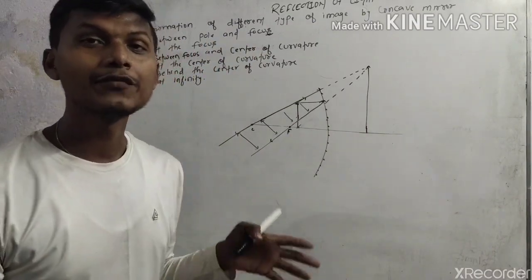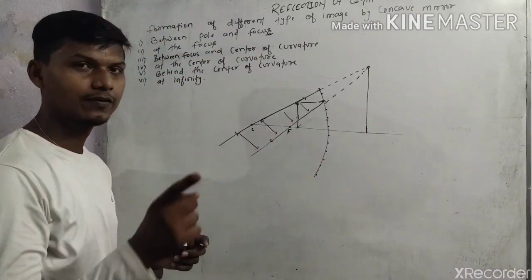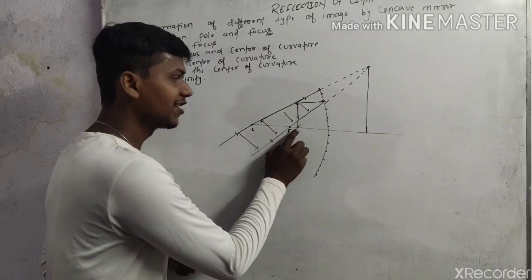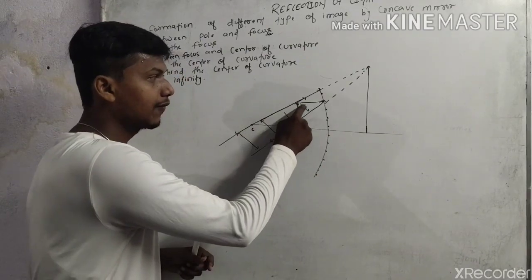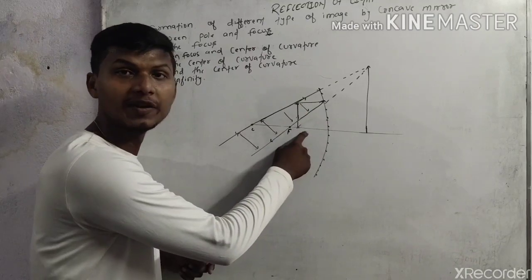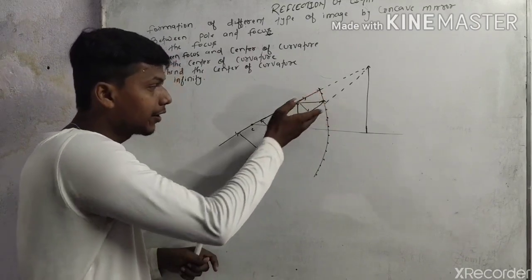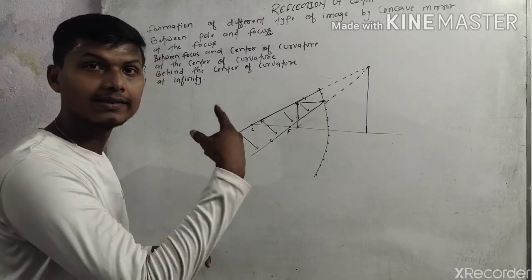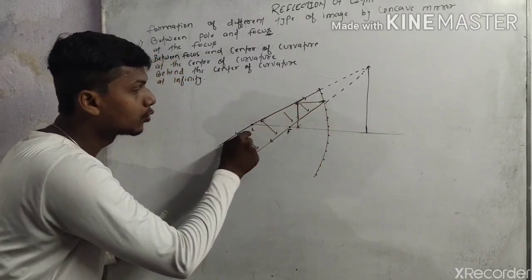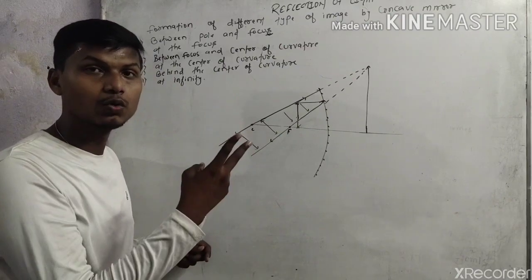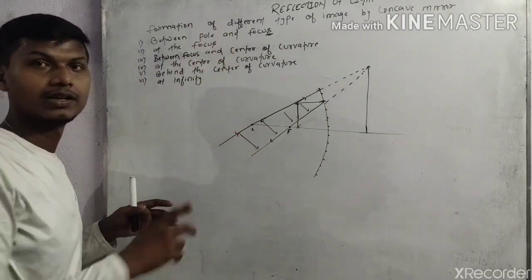Now what result do we get from these images? When the object is placed between the focus and the pole, the first ray of light goes parallel to the principal axis and it will reflect by cutting the focus, and the second one goes diagonally and will return through the center of curvature. Those are the two rules we have to draw in all cases.